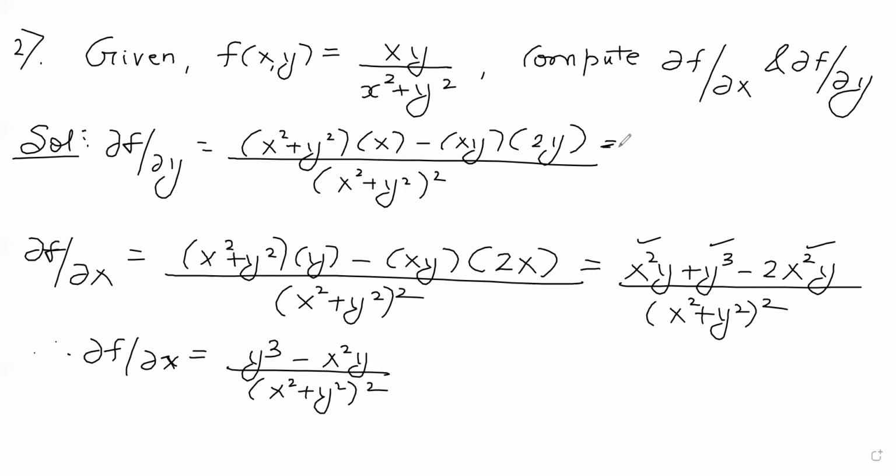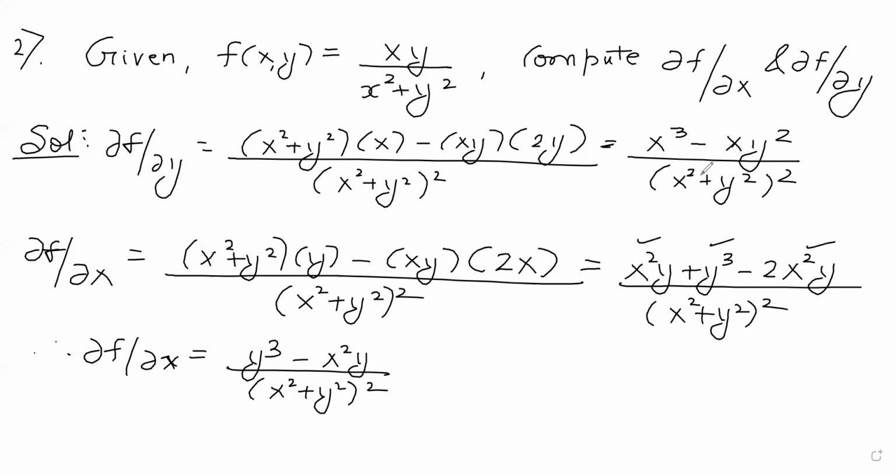And if you work it out, you can check it comes out as x cube minus xy square. After doing some algebra, it comes out as this upon denominator's square. Okay, so this is our del f by del x and del f by del y.